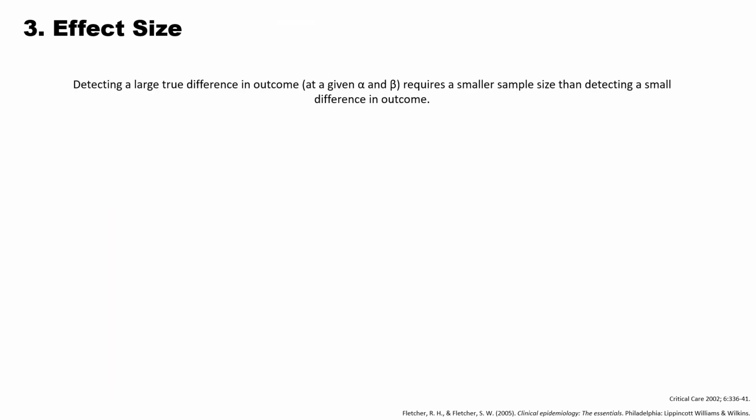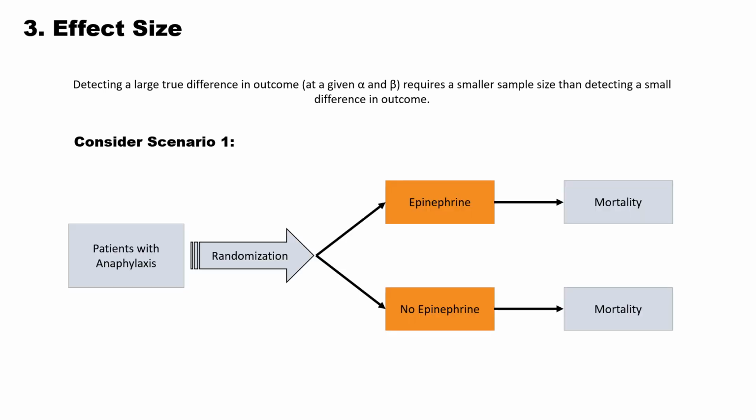The concept of effect size is essentially that detecting a large true difference in an outcome at a specified alpha and beta requires a smaller sample size than detecting a small difference in outcome. To illustrate this point, I want to consider two scenarios.